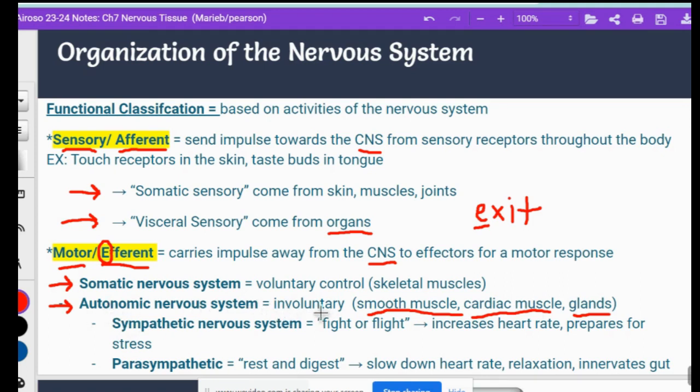It's involuntary, and there are two classes of the autonomic nervous system. The first one is your sympathetic nervous system, otherwise called fight or flight. This is when you're in a situation of danger.